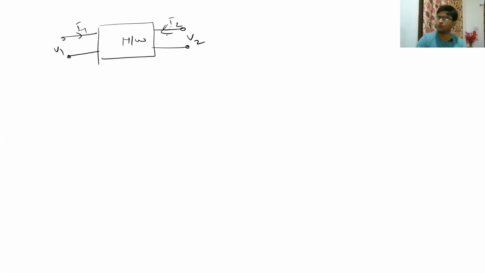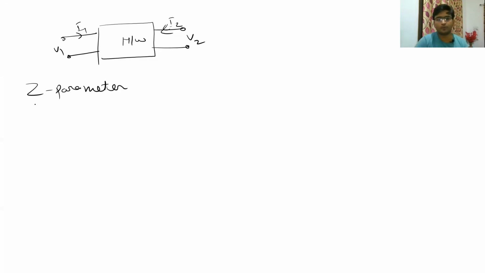So these are 4 variables, and in characterizing using any of these parameters, whether Z, Y, or H, or ABCD, there will be 2 of these variables V1, V2, I1 and I2, of these 4, that will be dependent variables, and the other 2 will be independent variables. Dependent variables are those which are dependent on the independent variables and the parameters that we are going to study. So let us first start with Z parameter.